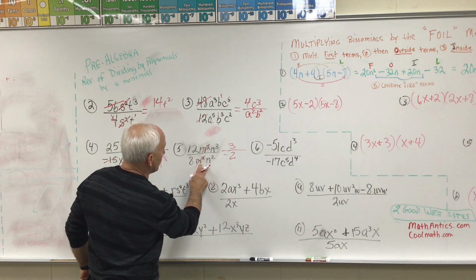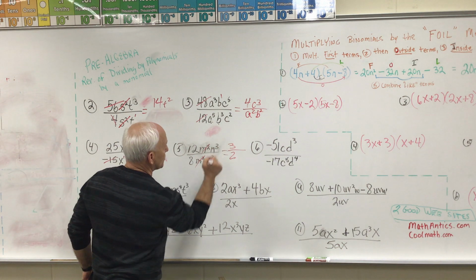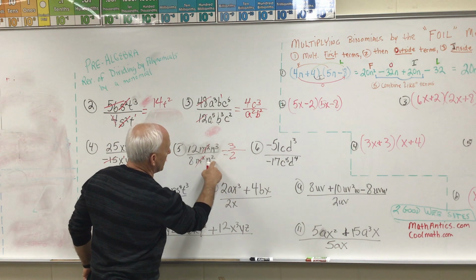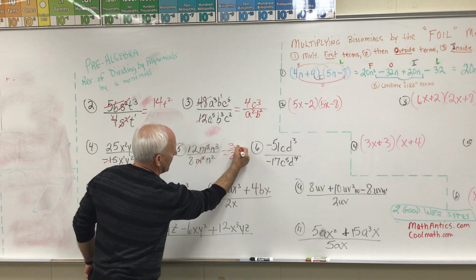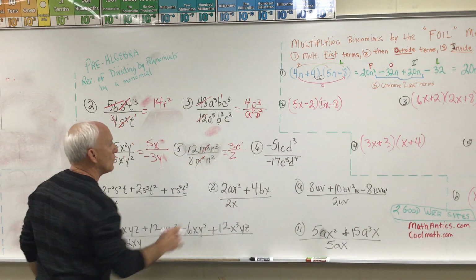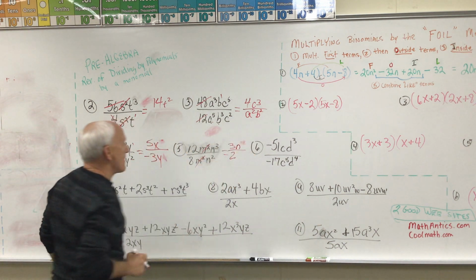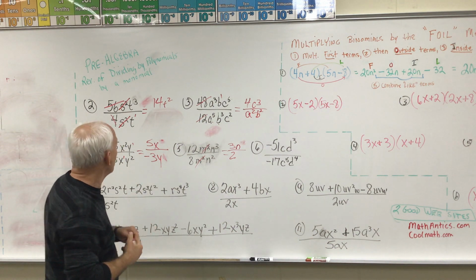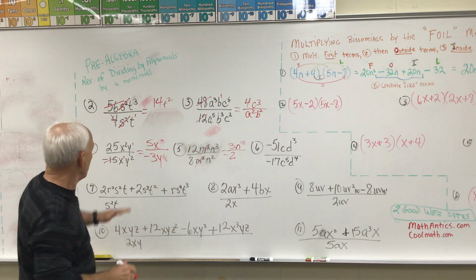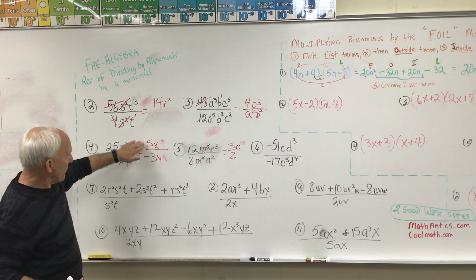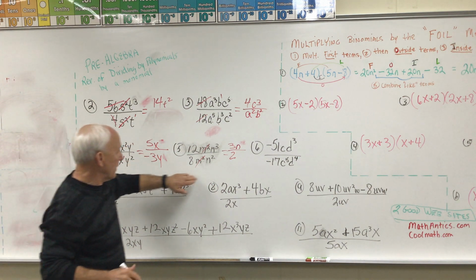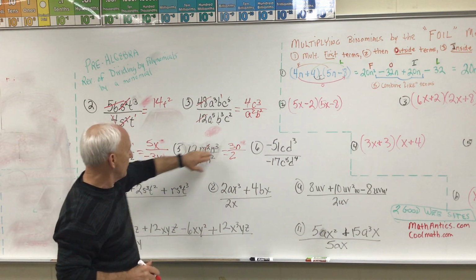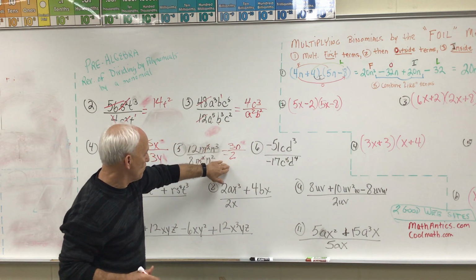And then n squared, n cubed, which is larger? 3 minus 2 is what? n to the first, or n. All right, don't forget that. Now, about this time, you're probably saying, we got 5/3, and of course that's a negative, and we have 3/2.